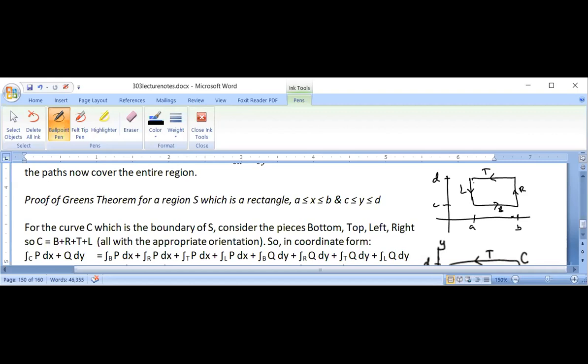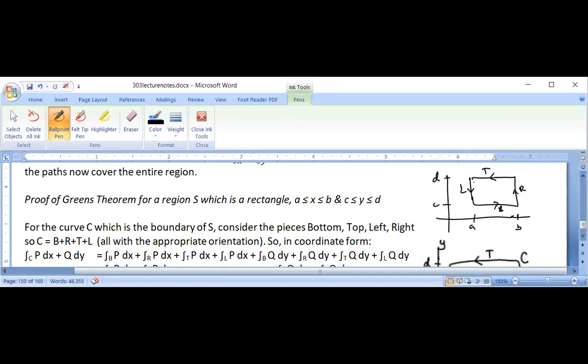So let's now think about how that breaks down. So notice that on the bottom piece B, X is changing, but Y is constant. So if Y is constant, dy is 0.